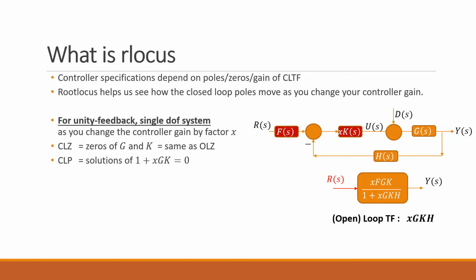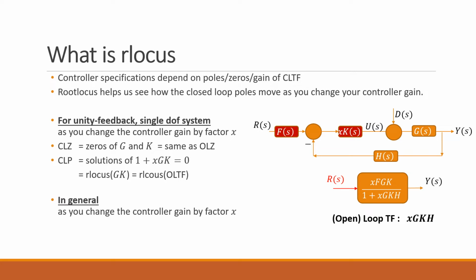And by definition, the plot of the solutions of 1 plus x times some transfer function equal to 0 as x goes from 0 to infinity is called the root locus of that transfer function. In this case, that transfer function is GK. So root locus of GK, i.e. the root locus of open loop system, plots the path of the closed loop poles.